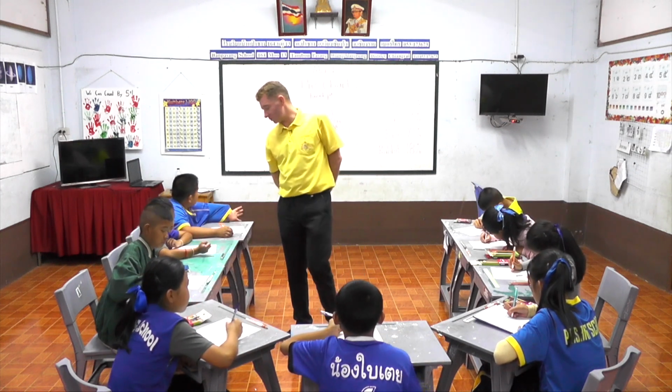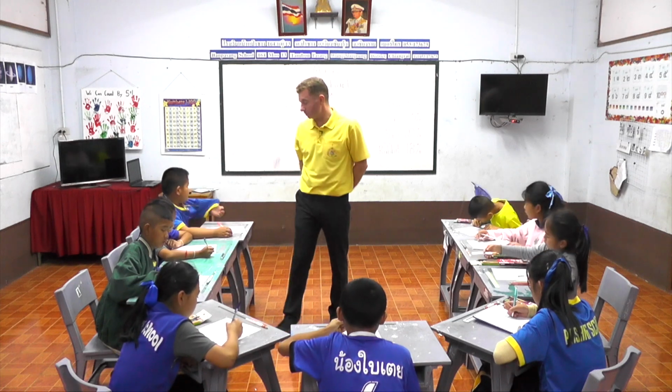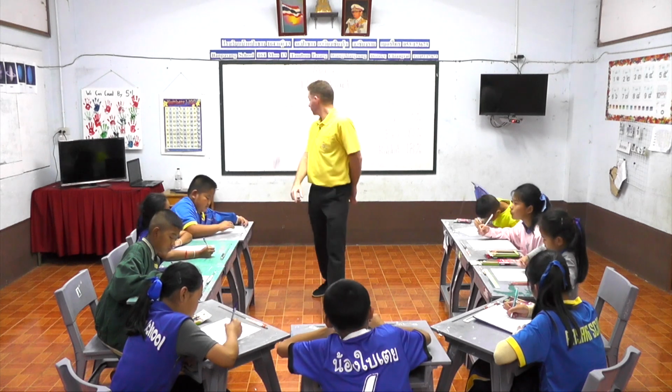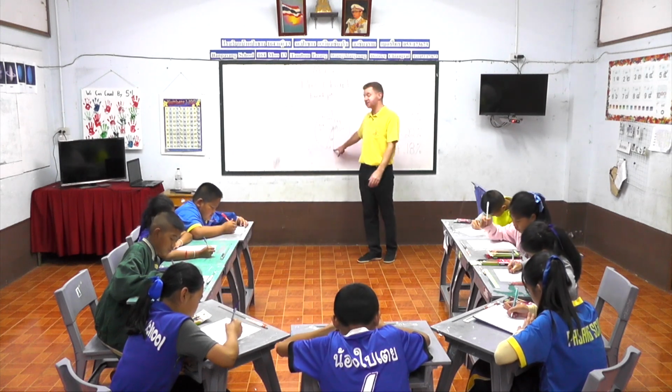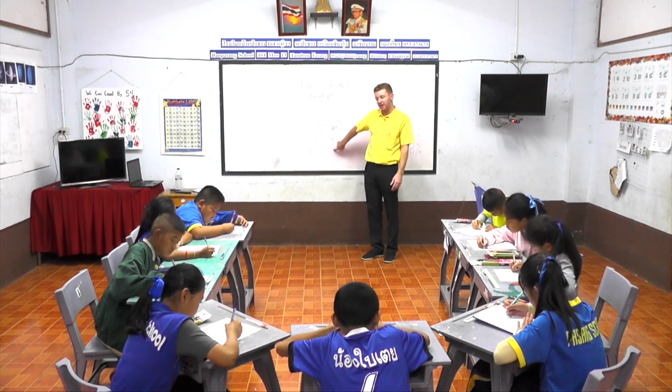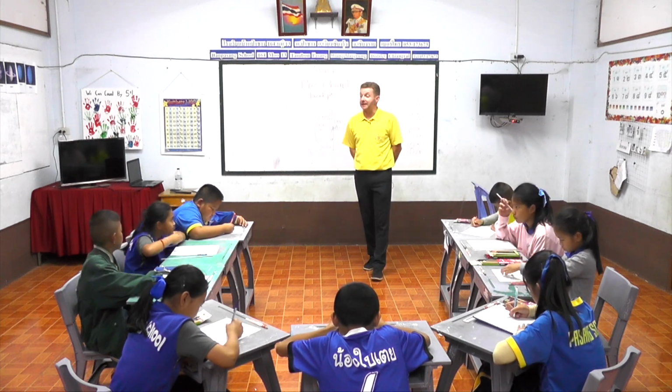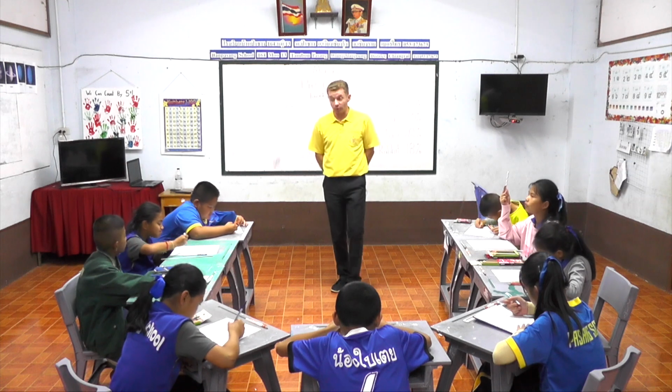So Pak Bung has gone for 48% for blue. So blue will be just less than half. Because if half is 50%, 48% will be just under half. And that leaves you with 52% for your other 4 colours.